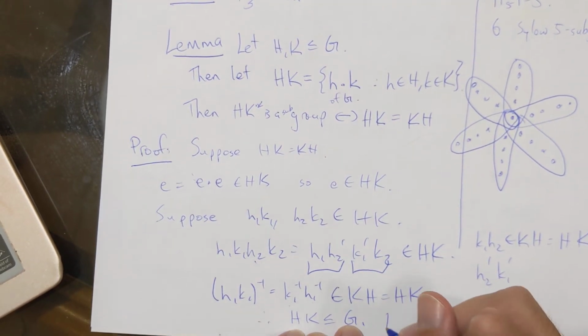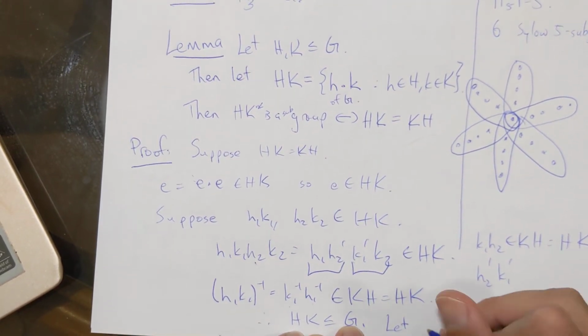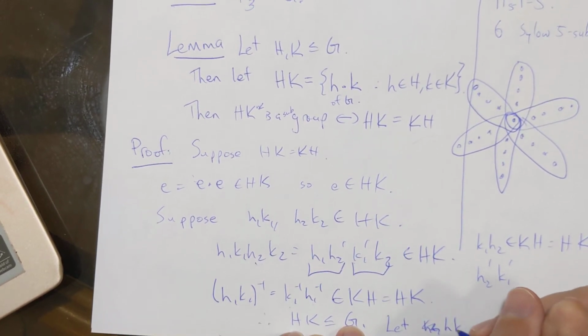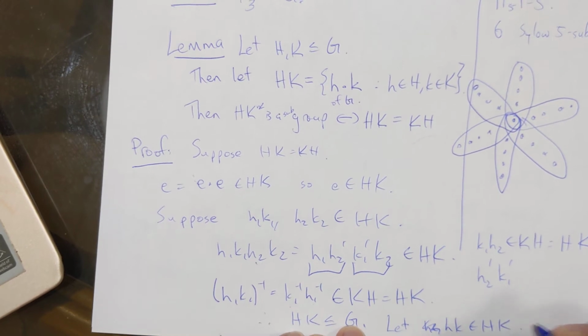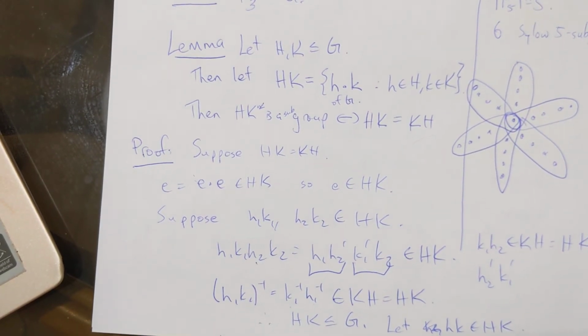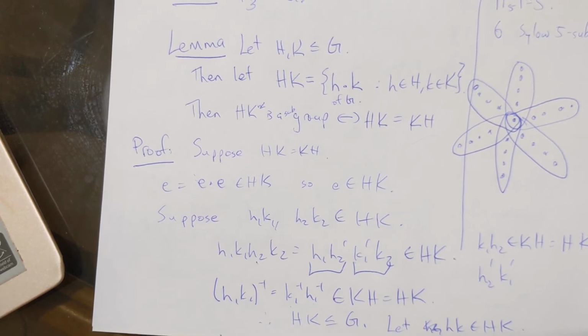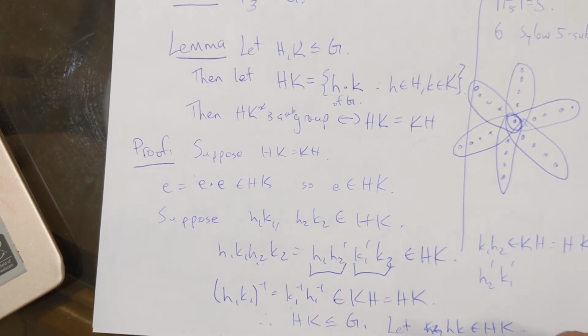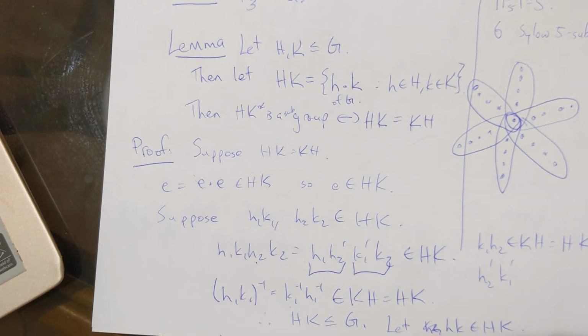Let hk be an element of HK. We have to write this as k times h. How do we do that?